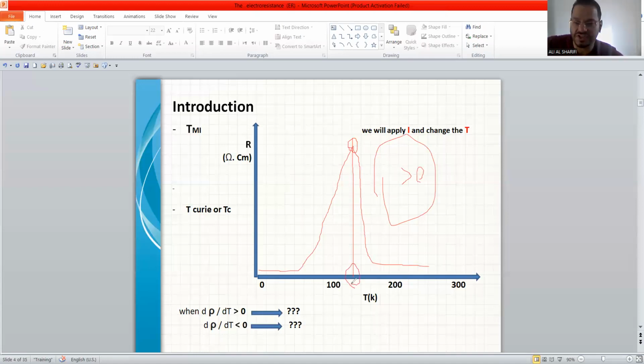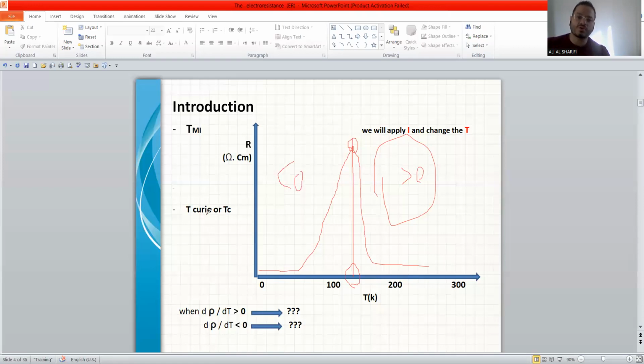By measuring on the temperature line, we can say here approximately 120 Kelvin. That means the insulating-metallic transition temperature equals 120 Kelvin. After this point, the material will act like a metal. That means delta resistivity divided by delta temperature is smaller than 0.